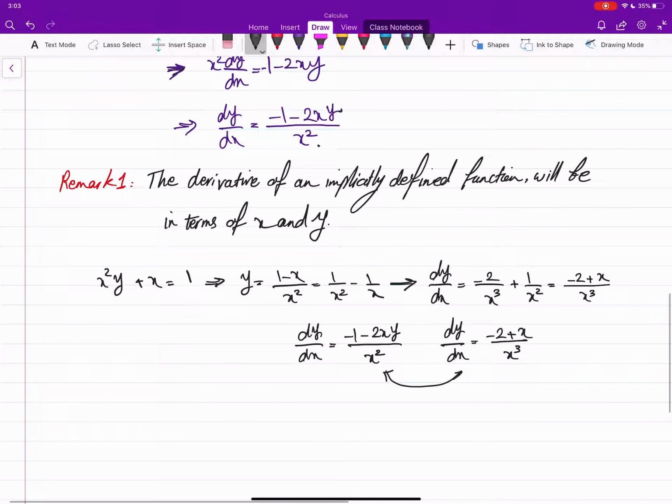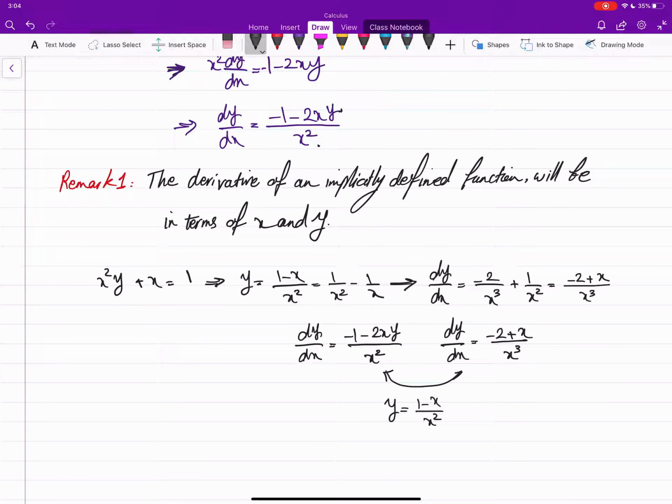There is a y here. If you plug in y to be equal to 1 minus x over x squared, you will see that this expression will turn into the other one. The presence of y in the first formula makes it a little bit different. So in form they might look different, but at the end you get exactly the same value. Try to plug in y as 1 minus x over x squared.